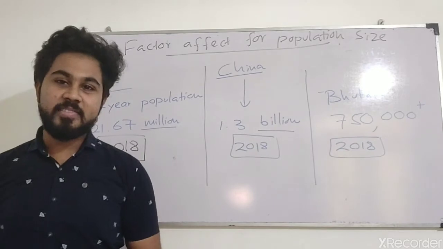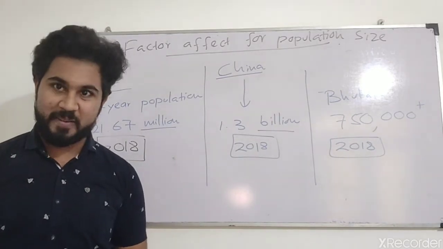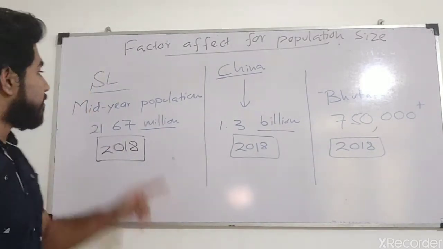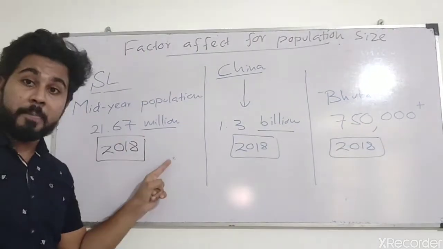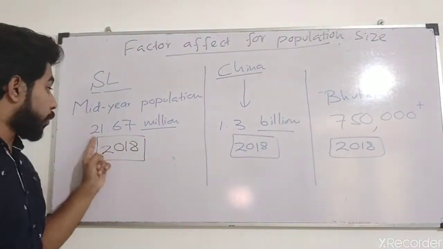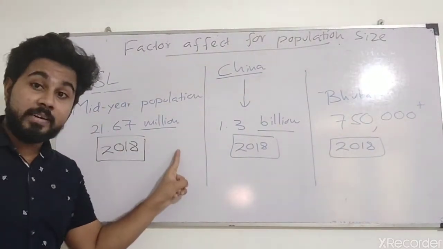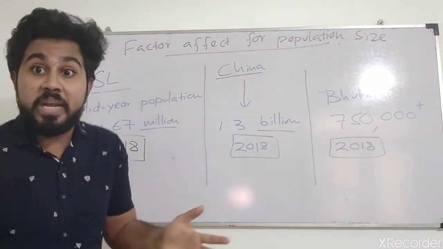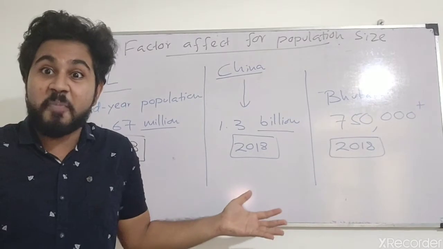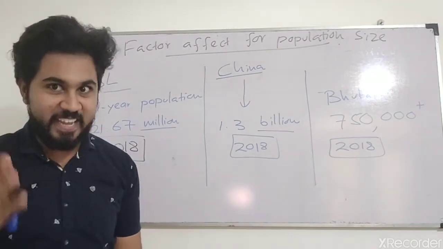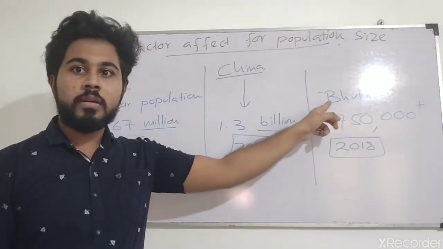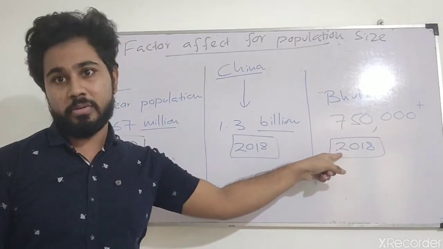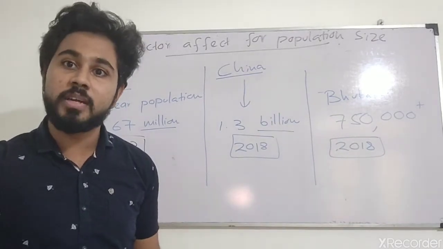So my dear students, now you can see a specialty. In Sri Lanka, our mid-year population was 21.67 million, a million value. In China, it was a billion value, the most populous country in the world. But in Bhutan, it is a thousand value, 750,000.